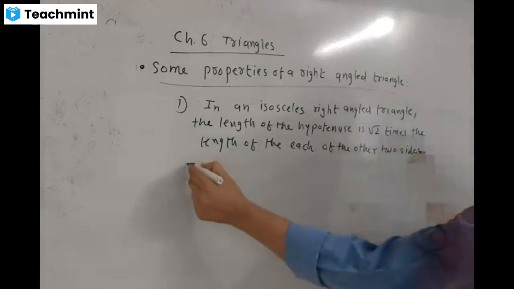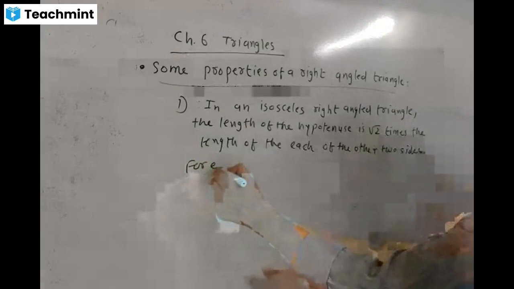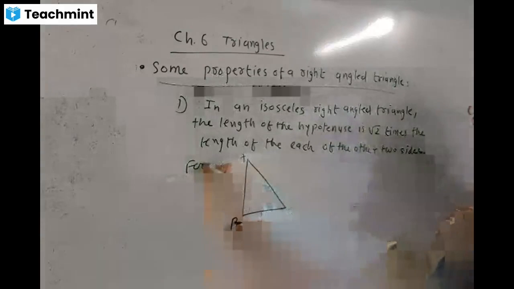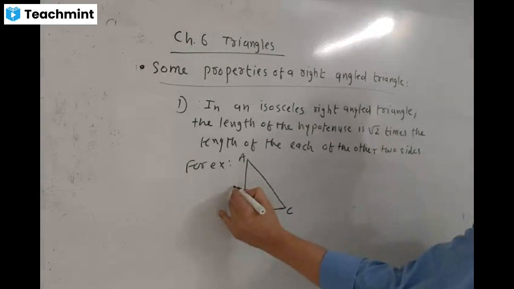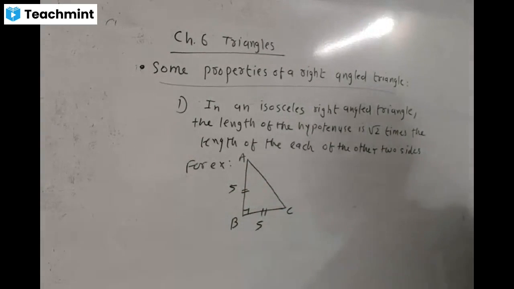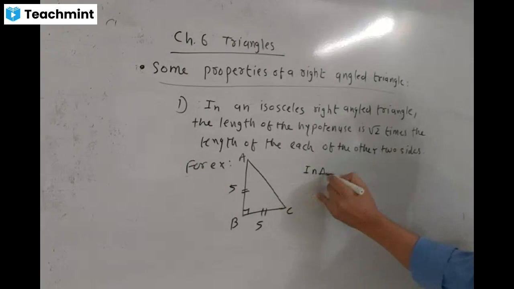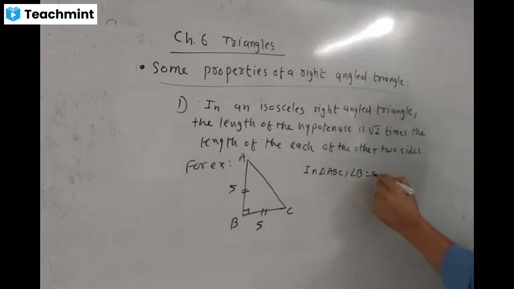For example, in a right angle isosceles triangle, AB and BC are equal. Angle B is equal to 90 degrees. Suppose AB and BC both are 5 centimeter.